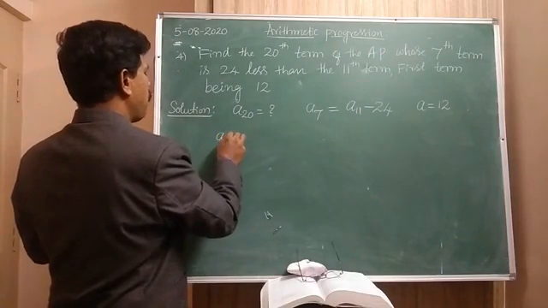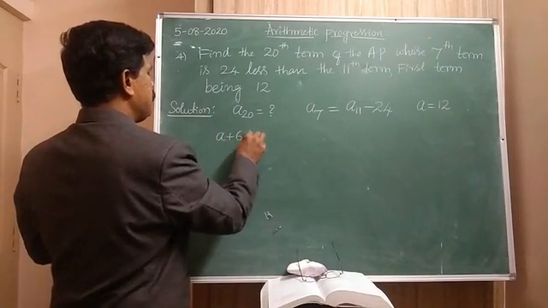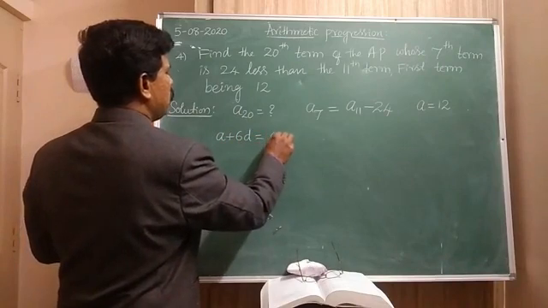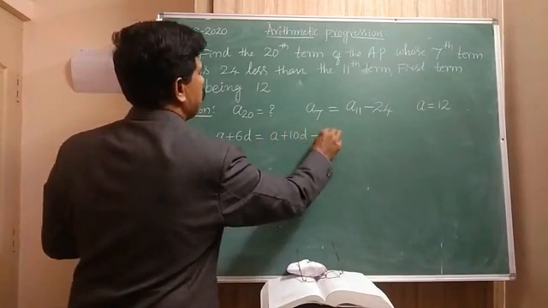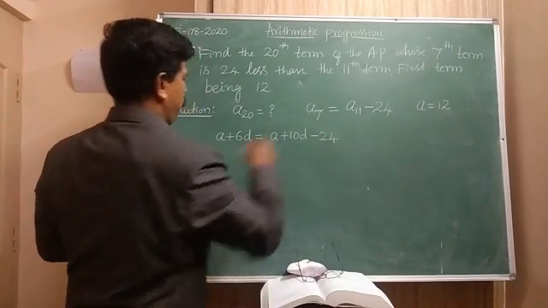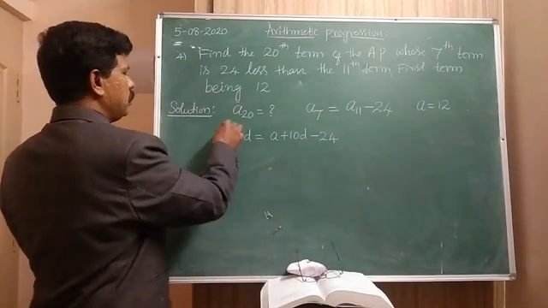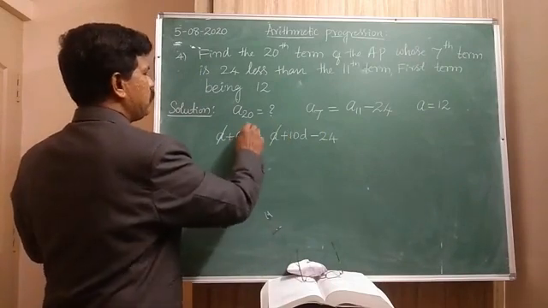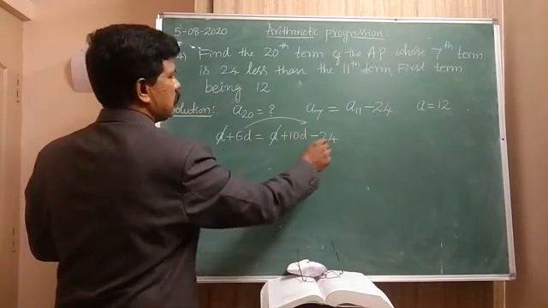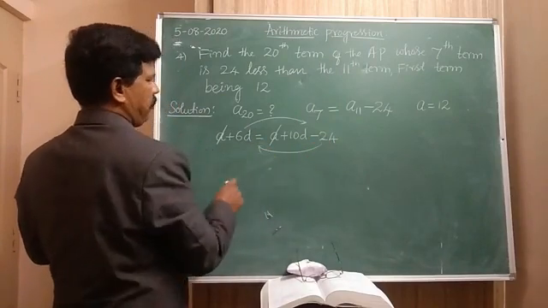A plus 6D is equal to A plus 10D minus 24. Now here this A gets cancelled. Now shift this 6D to this side, minus 24 to this side.